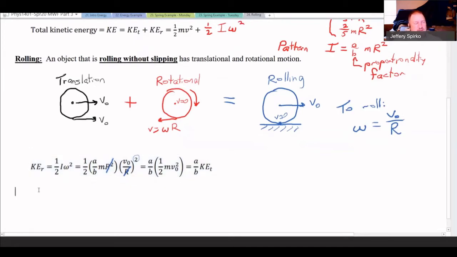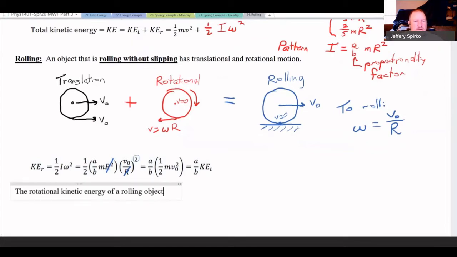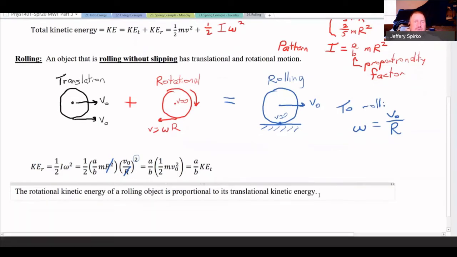So let me say that again. That rotational kinetic energy is literally just proportional to the translational kinetic energy.